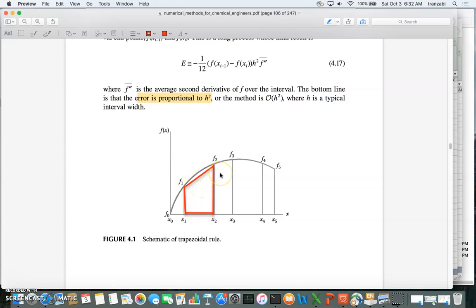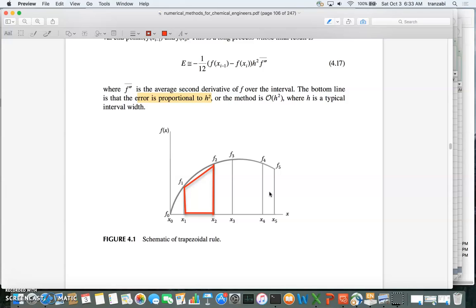Again, for the next trapezoid we make another similar error, and so forth. So if you calculate the area under the curve by summing all these trapezoids, we're making a little bit of error on each, and we sum them up. So the error actually goes up with the area as well.